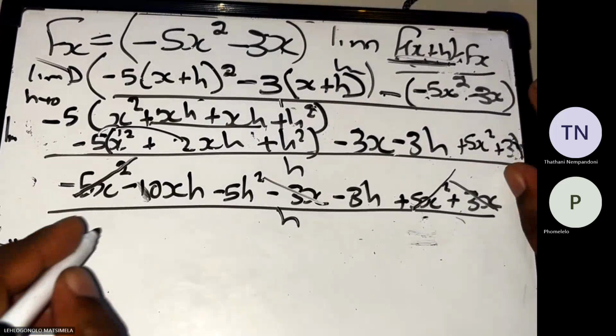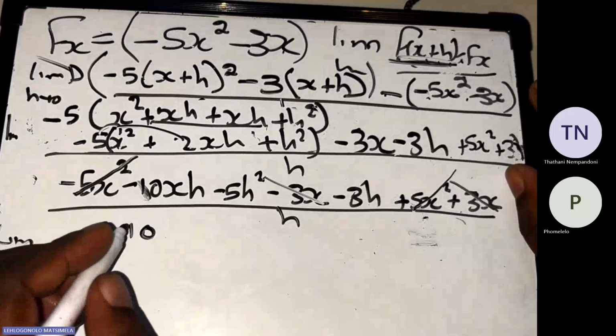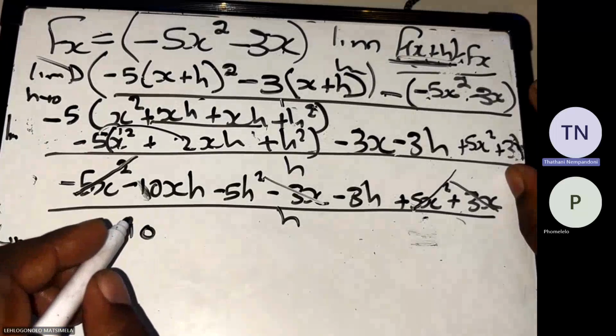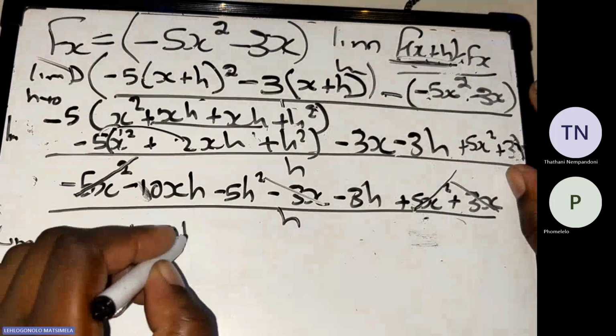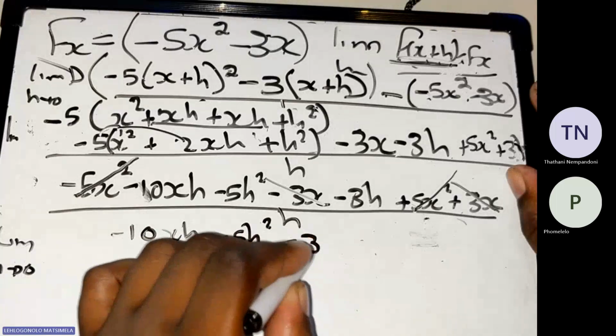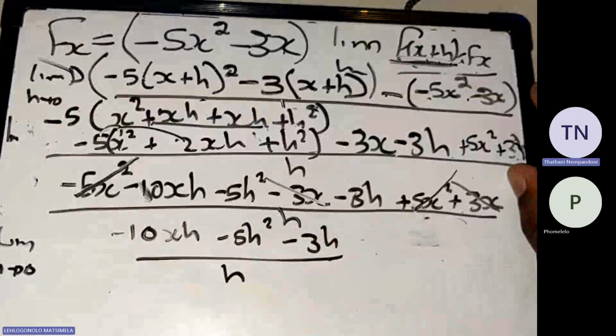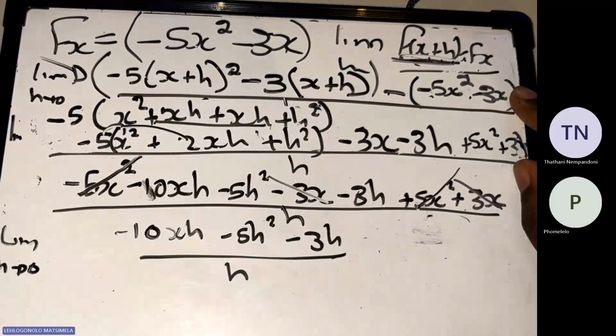It will remain minus 10xh minus 5h squared minus 3h, divided by h. They will remain this one and this one and this one. That's the remaining parts. Are we here?